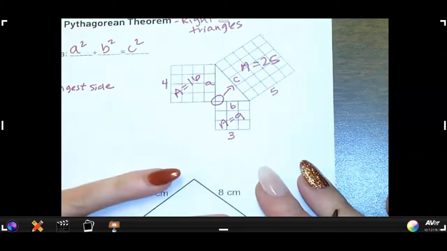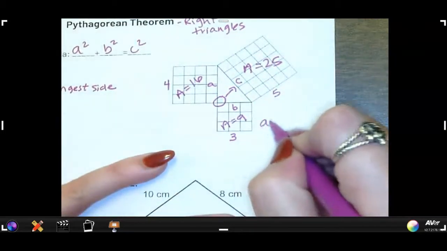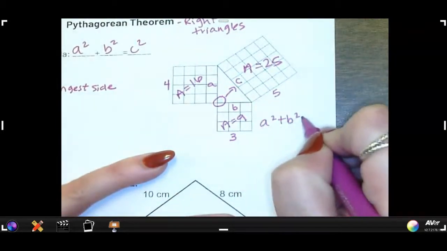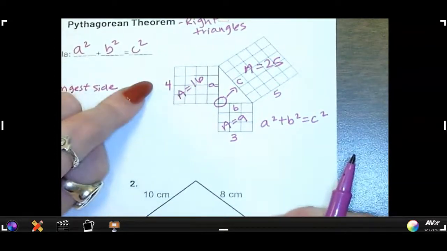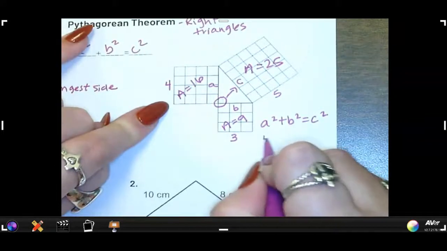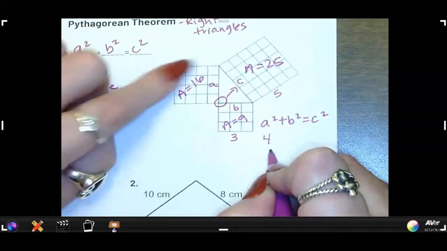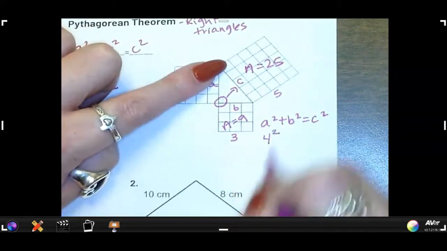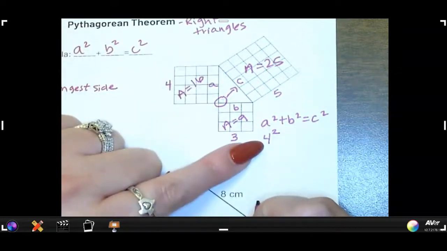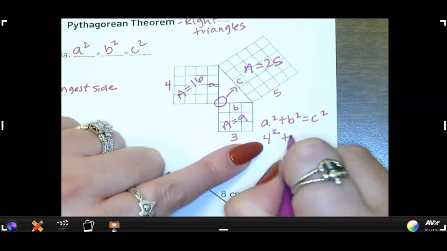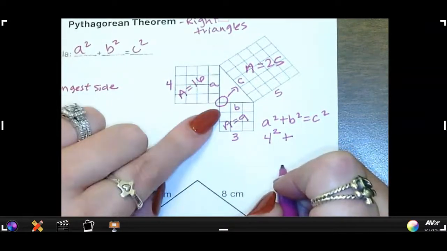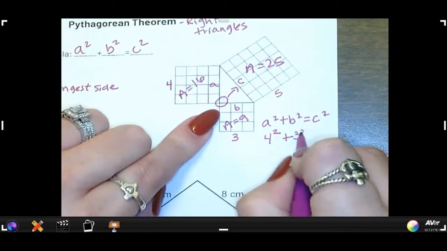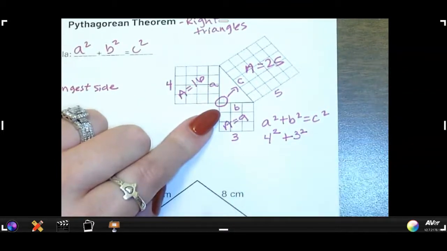Okay, so let's look at that in terms of the Pythagorean theorem. A squared plus b squared equals c squared. So we said square A was 4 units long, and we did length times width, which was 4 times 4, and that's what 4 squared means. 4 squared means 4 times 4. Okay, plus the area of this square, we did length times width, that was 3 times 3. 3 squared means 3 times 3.